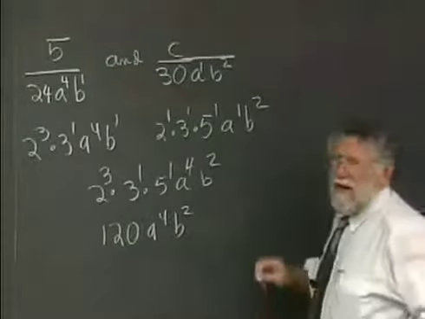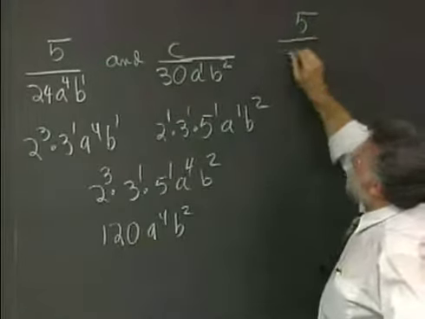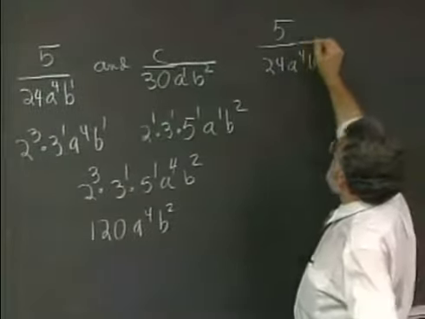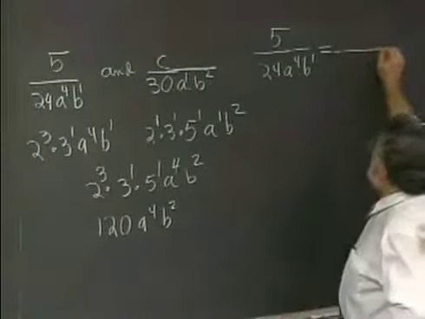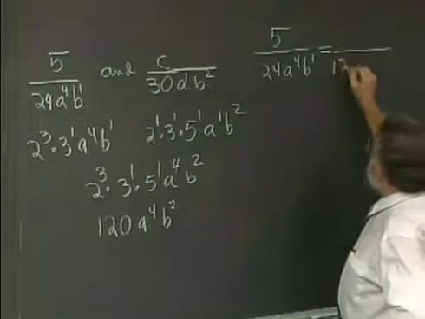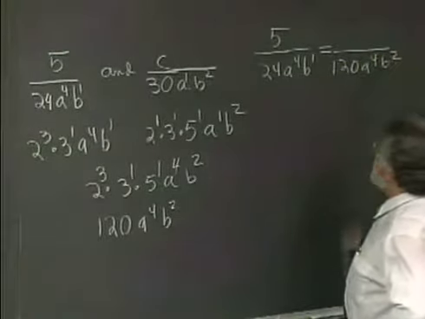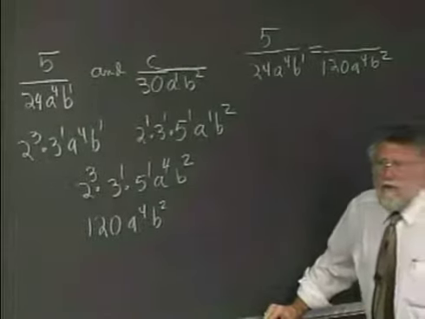So that means I want to take this 5 over 24, A to the fourth, B to the first, and write it as what? Something over 120, A to the fourth, B to the second. Now, you have choices.